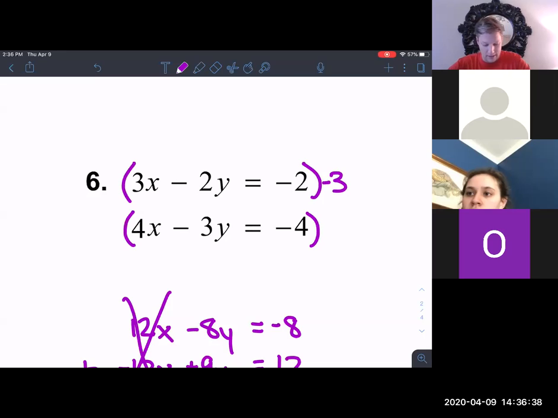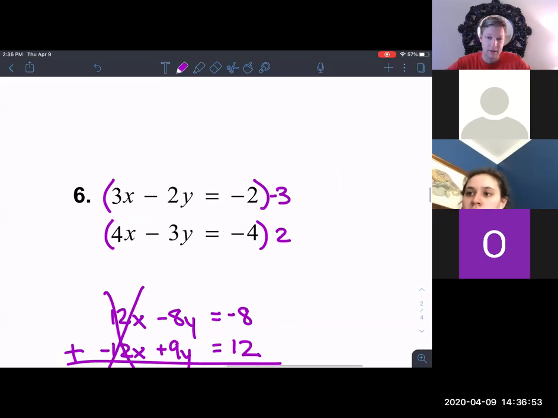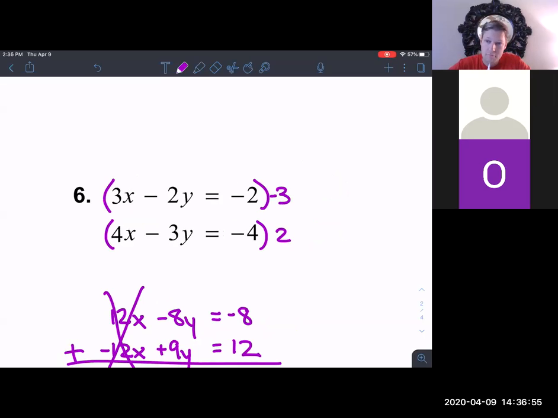And then how do I turn that -3 into a -6? Times 2. Would it be -2? That's a good question. Would it be -2? No, it would not be, because then they would both be negative.